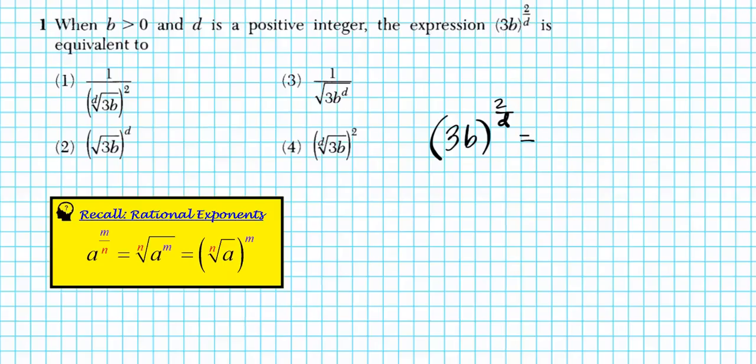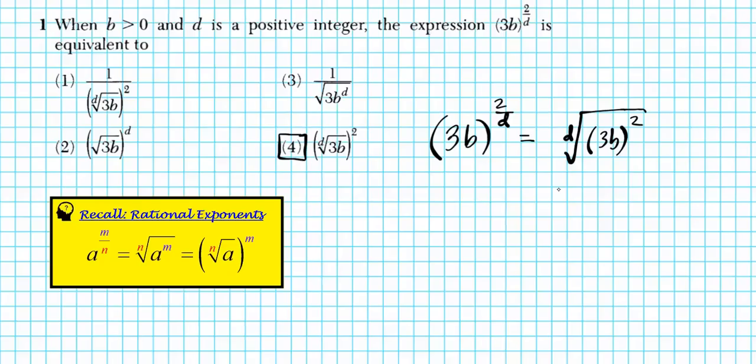The first one, I can write as the d root, since the denominator becomes your index, the d root of quantity 3b raised to the second power. This is one way I can write this exponent in radical form. Just using this format, we can clearly see that our answer is option number 4.